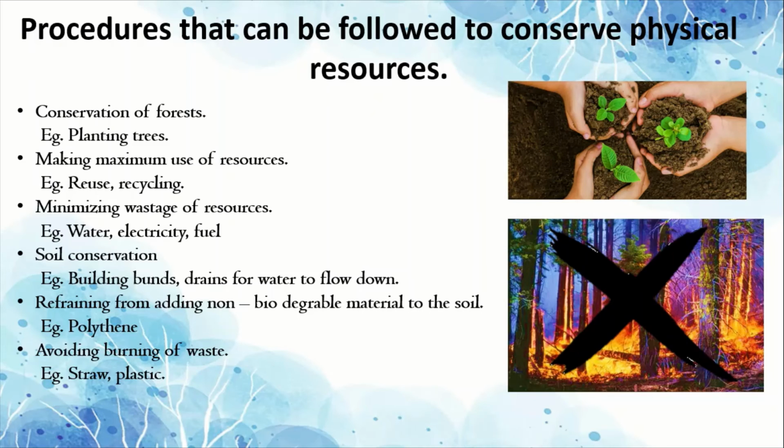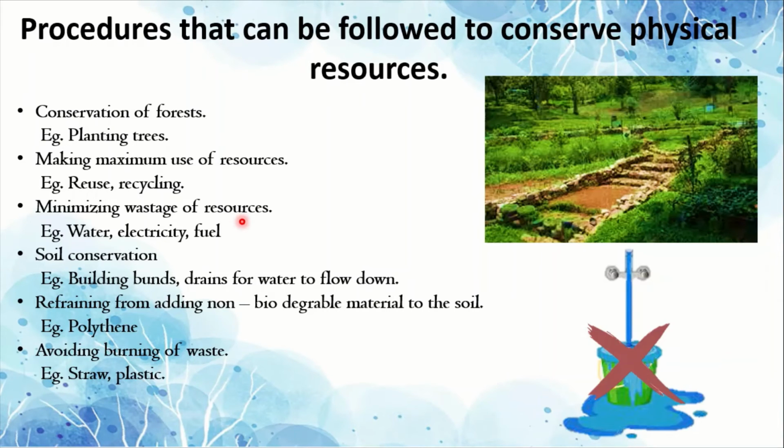Here, we can reuse glass bottles by making lamps. Plastic and polythene can be recycled. Then, minimizing wastage of resources. You know that sometimes people do not pay attention to wastage of water and electricity. Therefore, these resources are wasted without being utilized.